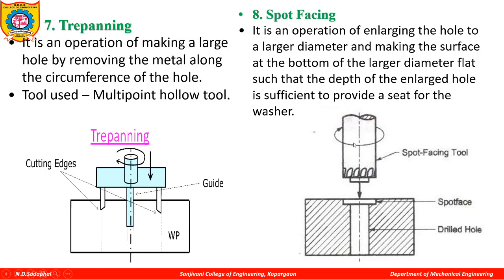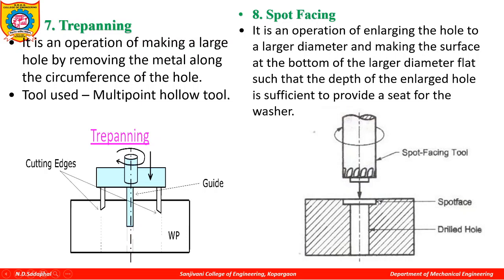Then spot facing. What is spot facing? It is the operation of enlarging a hole to a larger diameter and making the surface at the bottom of the large diameter flat. You can see here this top portion where the diameter is increased, it is the spot face portion.